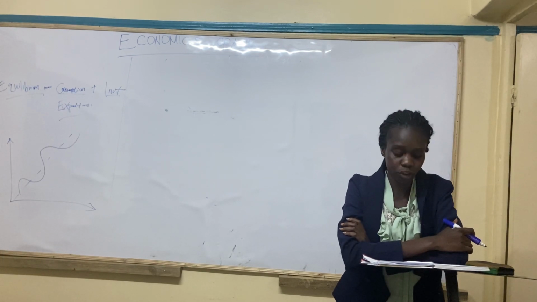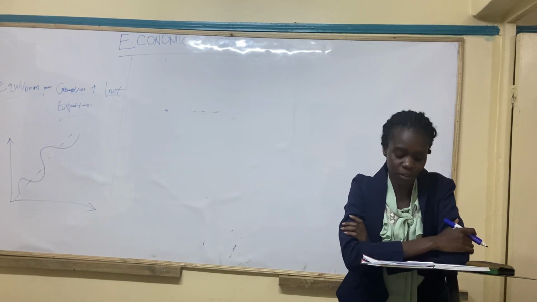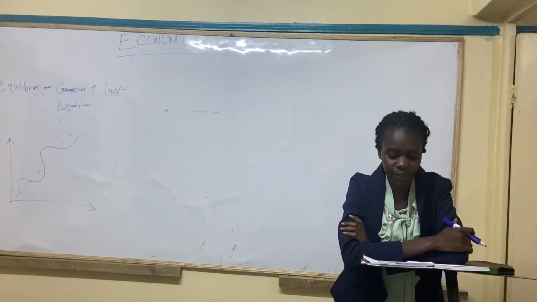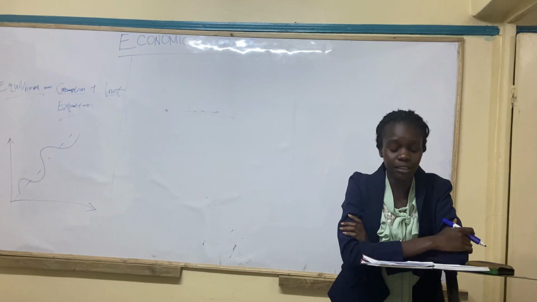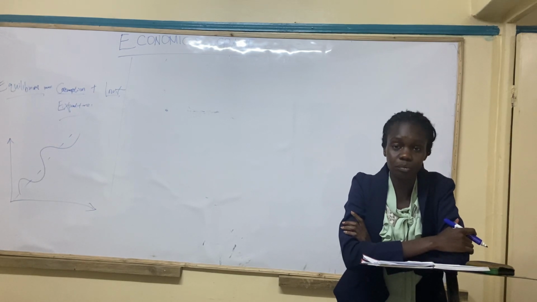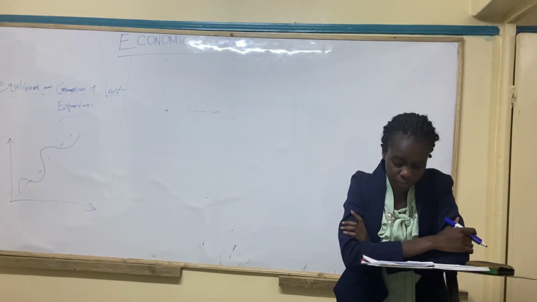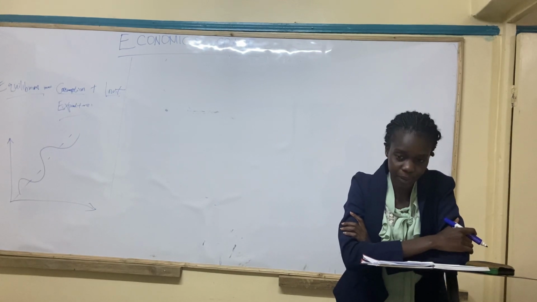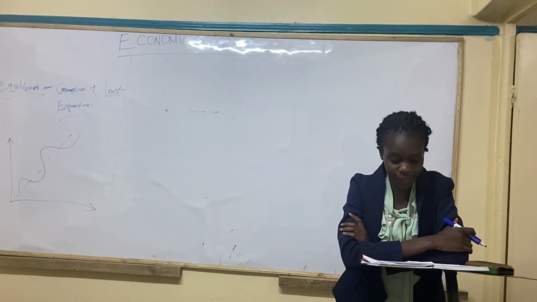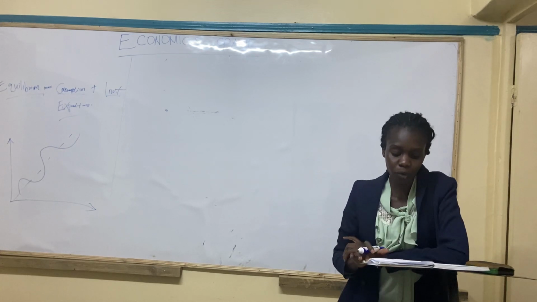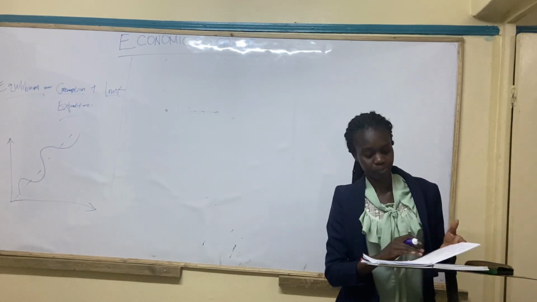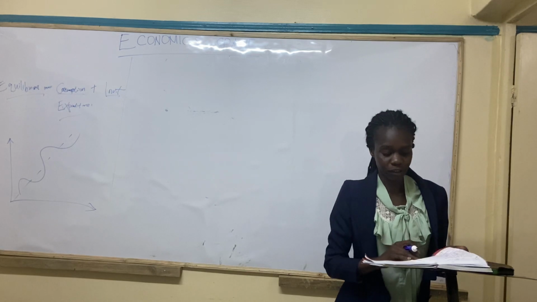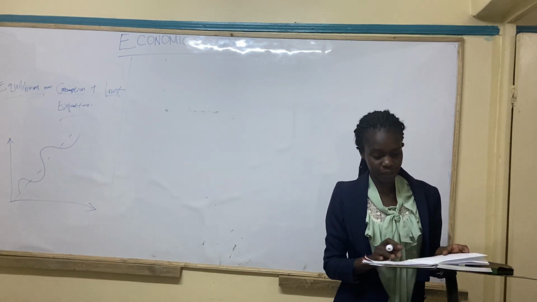So taxation, interest rates, change in wages, and expectation of future change in output. Those are the causes of fluctuations, and we are done with topic number 4.